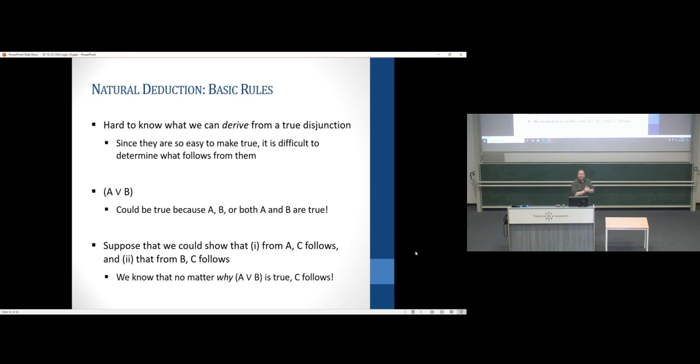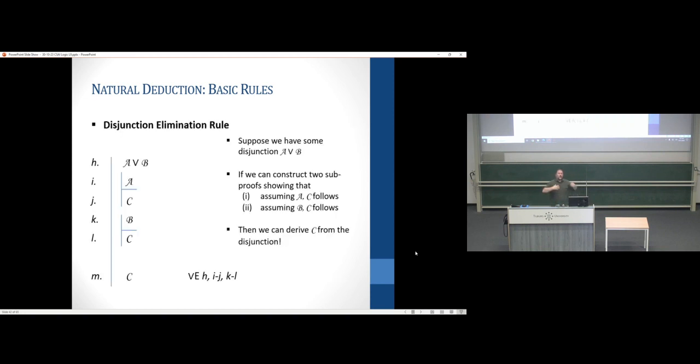Again, the intuitive idea: if it turns out that no matter which of the two routes you take, you end up going here, then we know that no matter why the disjunction is true, you're going to get this result. This is the idea of disjunction elimination.